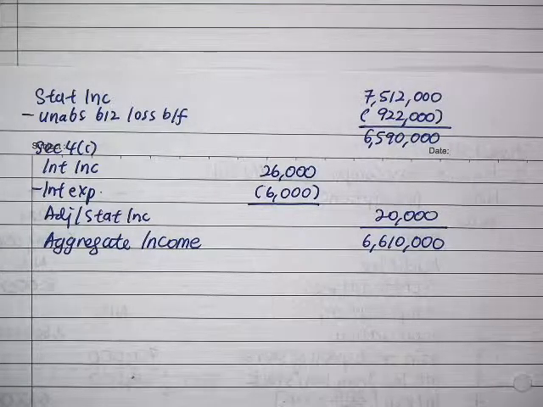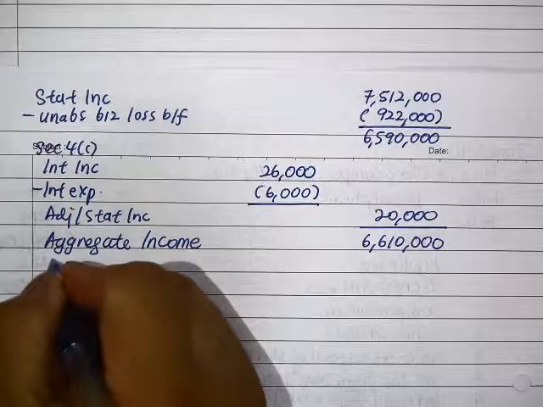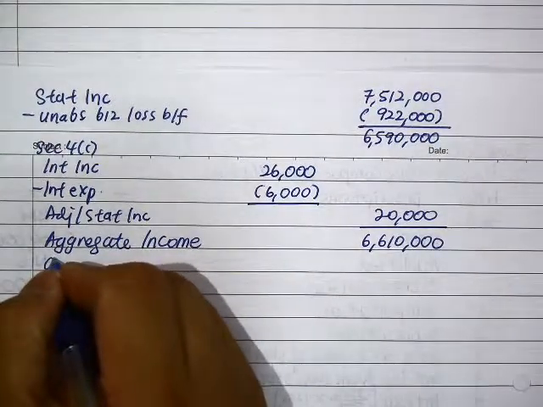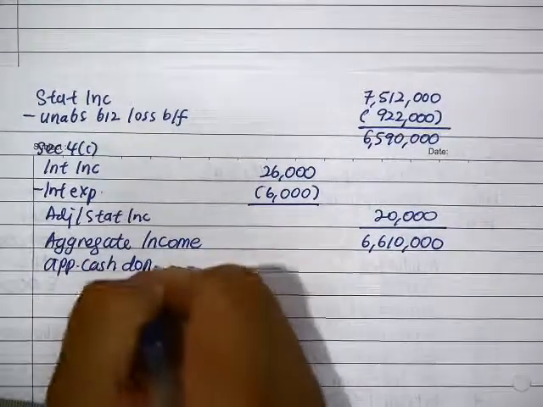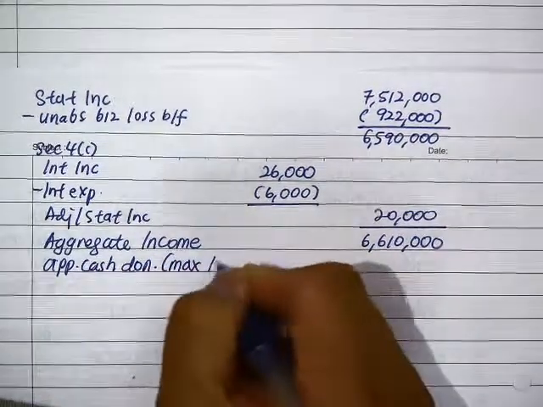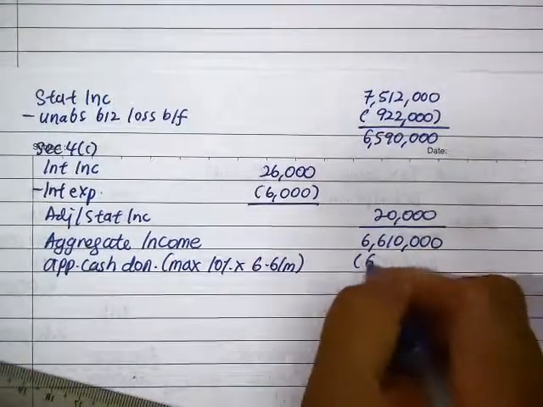Right? Now, after aggregate, what do you do? There's donation, right? Your approved cash donation, that maximum is 10%.